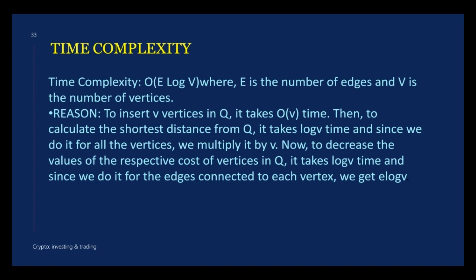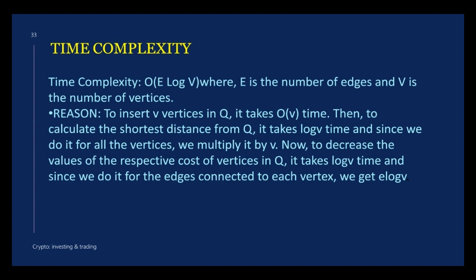Next, once we have found the node of the least cost, we also have to find the cost of its neighbors. More the edges, more the neighbors, because the neighbors are attached to this particular node through edges. To find the respective cost of vertices, and again to update the cost in Q, it takes log of V time.